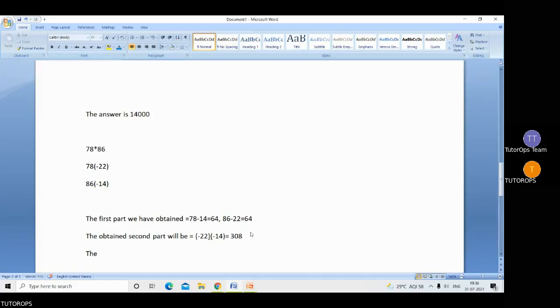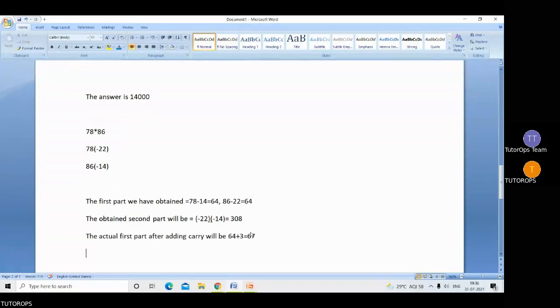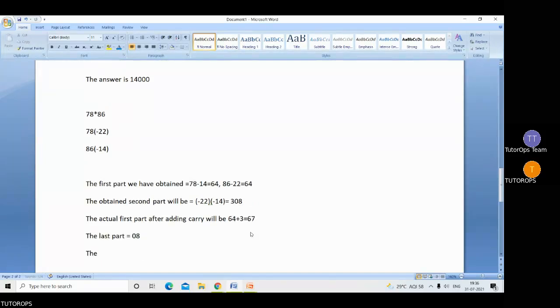The actual first part after adding carry will be 64 plus 3, that is 67. And the last part is basically the last two digits of 308, that is 0 and 8. So the total answer will be 6708.